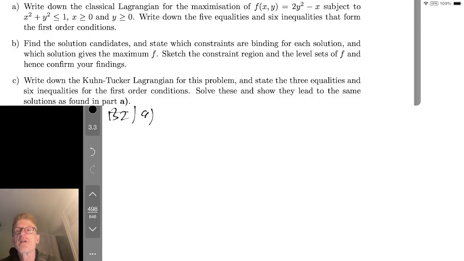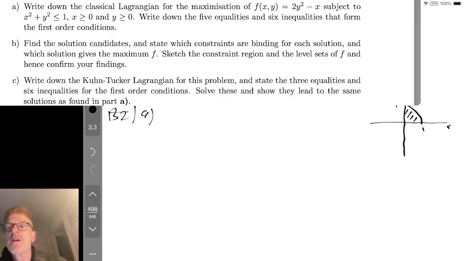So that's the picture. So we are in this quadrant, so within the circle, and then 2y squared minus x.